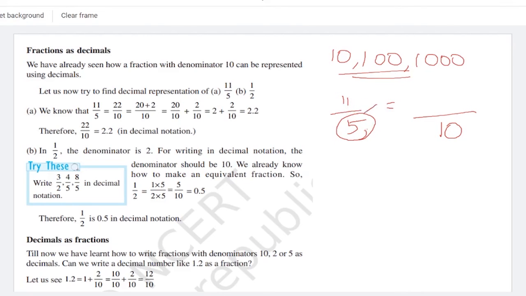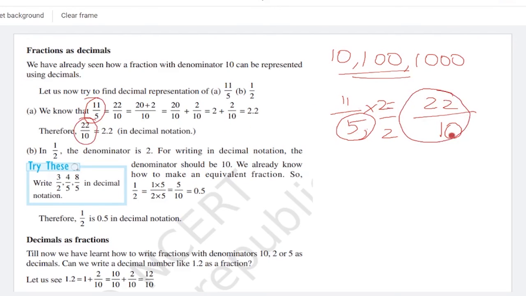So you can multiply by 2 by 2. 2 by 2 is 1, and anything multiplied by 1 gives the same number. So 11 by 5 is not going to change even if you write it in terms of 10. 5 into 2 is 10, and 11 into 2 will be 22. So this fraction 11 by 5 is equal to 22 by 10.